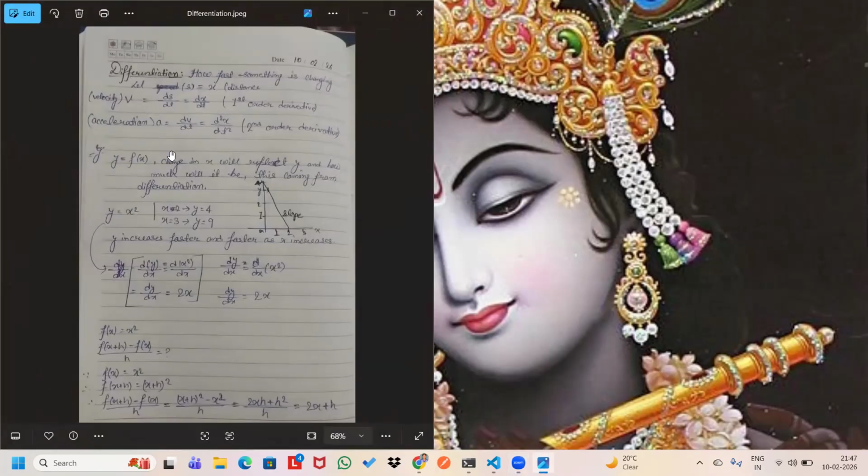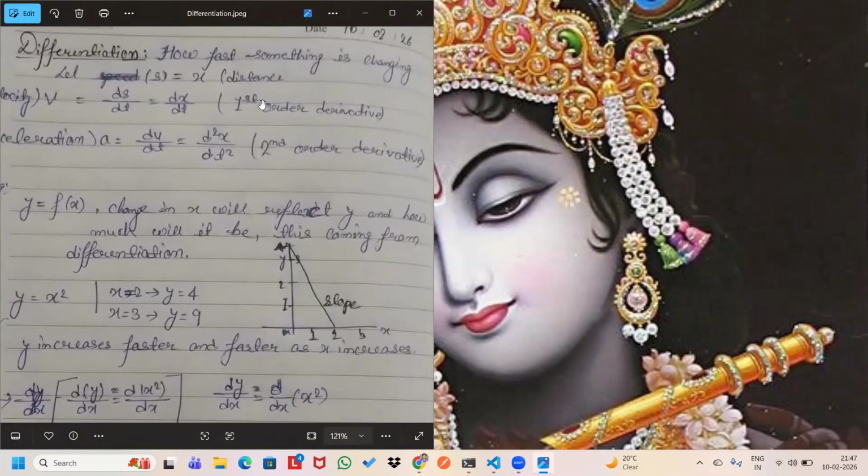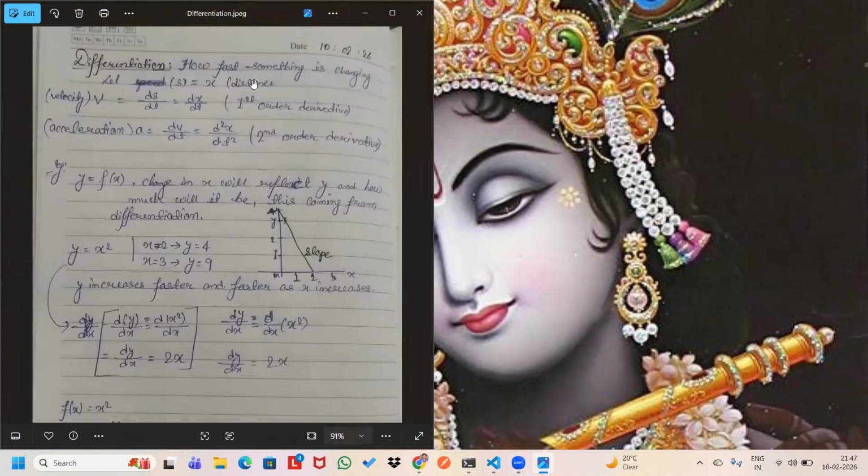So you can see that I have mentioned differentiation is how fast something is changing, and I have also taken some distance as x, and we are going to discuss the velocity. Initially we know that distance is x, then your speed will be x by t. Oh, I didn't mention t here, let me write it over here.